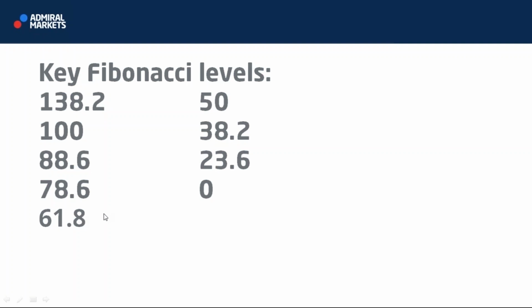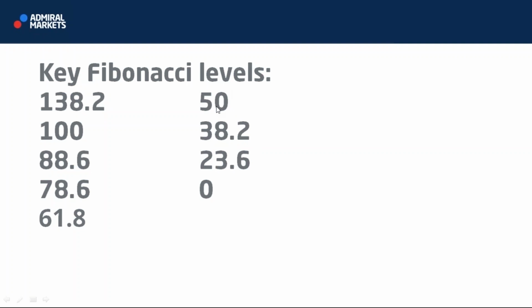For instance, 5 divided by 8 or 34 divided by 55. The other Fibonacci levels are important too, 38.2, 23.6.